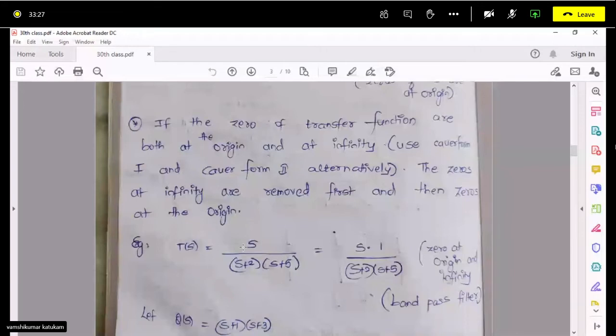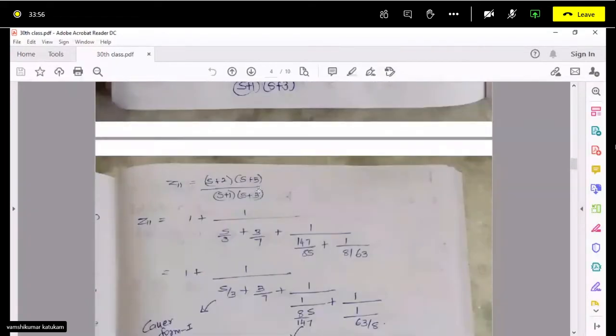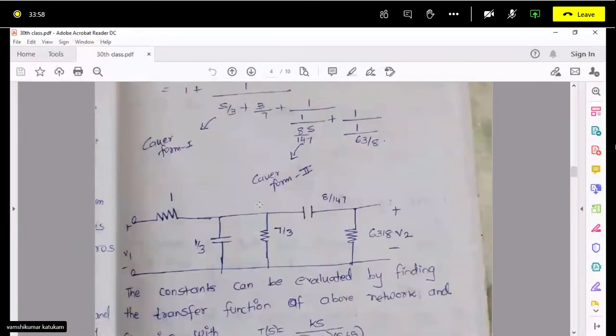In the numerator, a constant is possible, zeros at origin are possible, and s square, all zeros at origin are possible. Real zeros are also possible. If you have s plus 5 or s plus 7 or some real zeros, how to realize that I will discuss in the next class. So these three forms you can see, right?